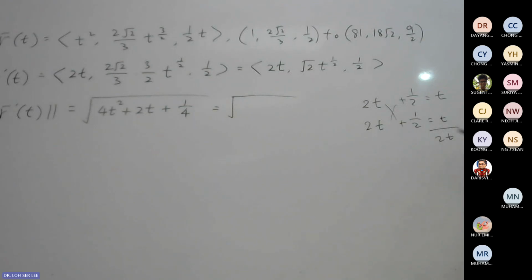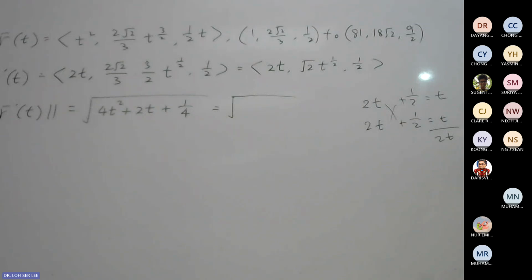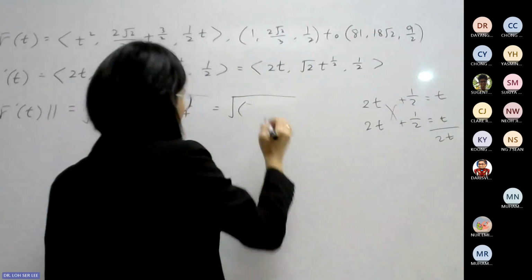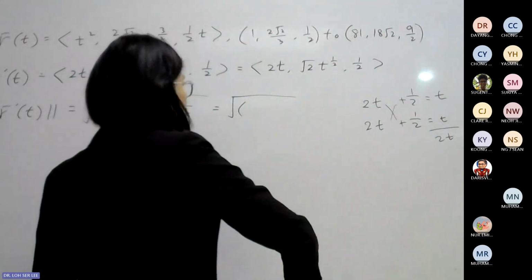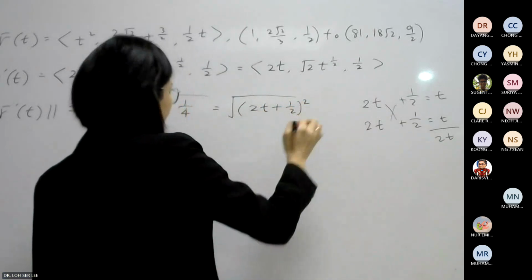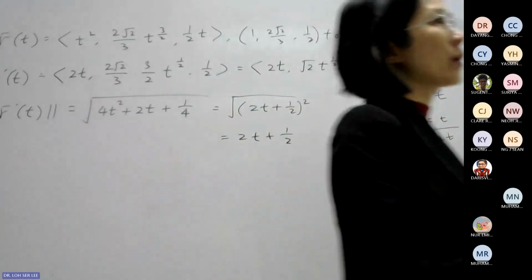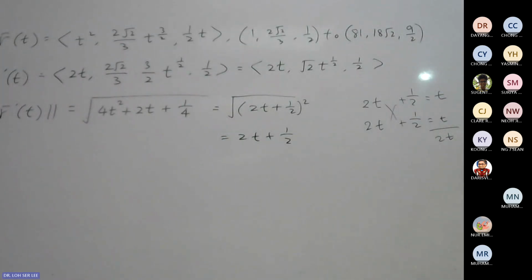When you sum up, you get 2t, which is this one. So we can factorize this into 2t plus half, squared. When we cancel out the square with the square root, we have 2t plus half.